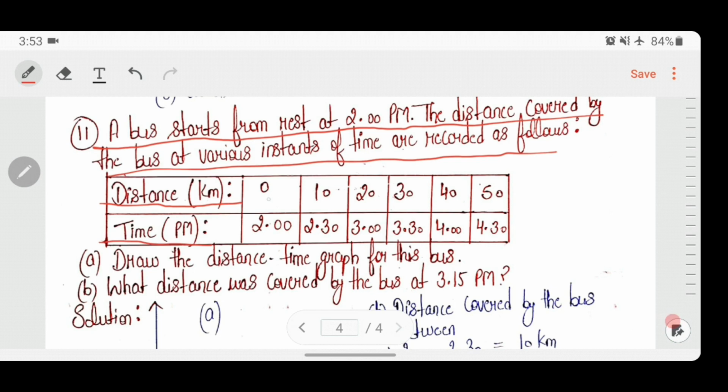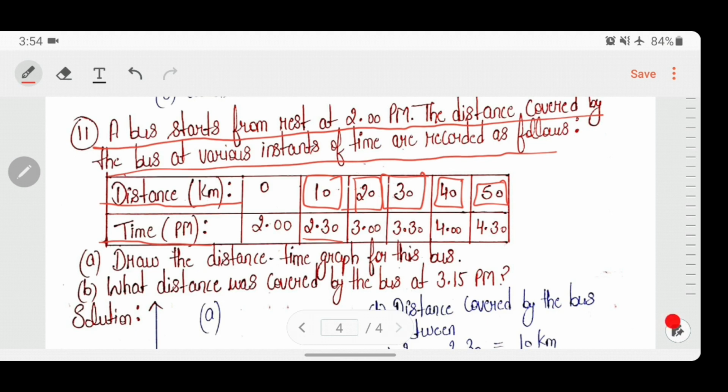First of all, as it is given that the car is at rest, it means the car is not moving at 2 p.m. After 30 minutes, that is 2:30 p.m., you can observe the distance traveled by the car is 10 kilometers.